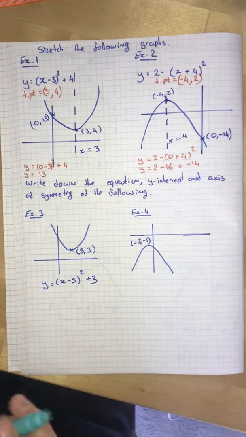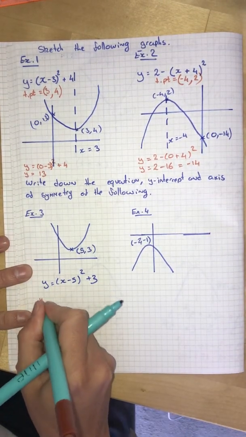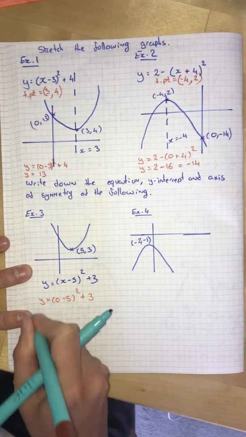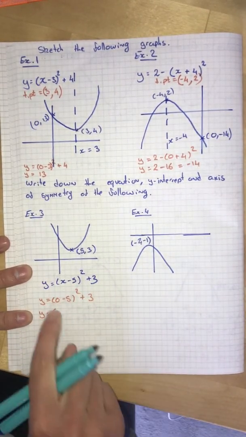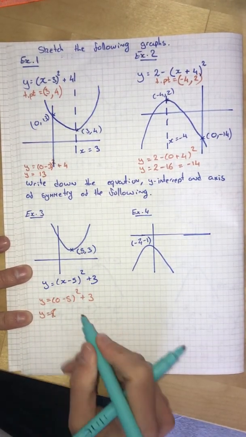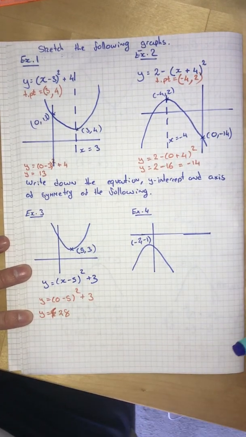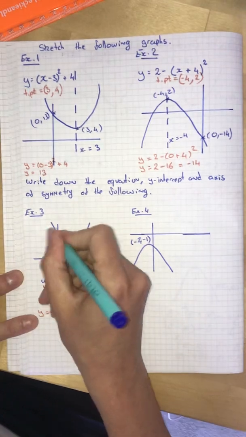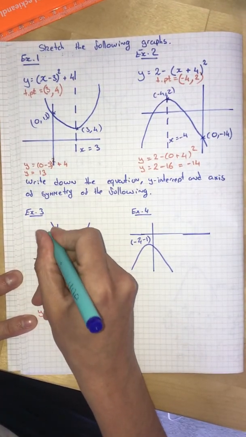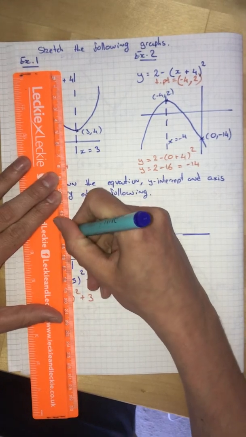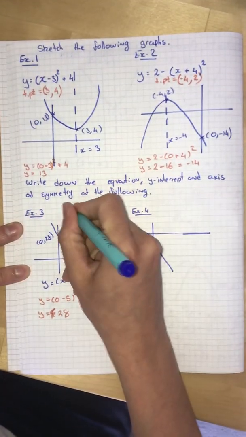So for the y-intercept, zero minus 5 is negative 5, squared is 25, plus 3 is 28. And so this is going to be 0, 28, and x equals 5.